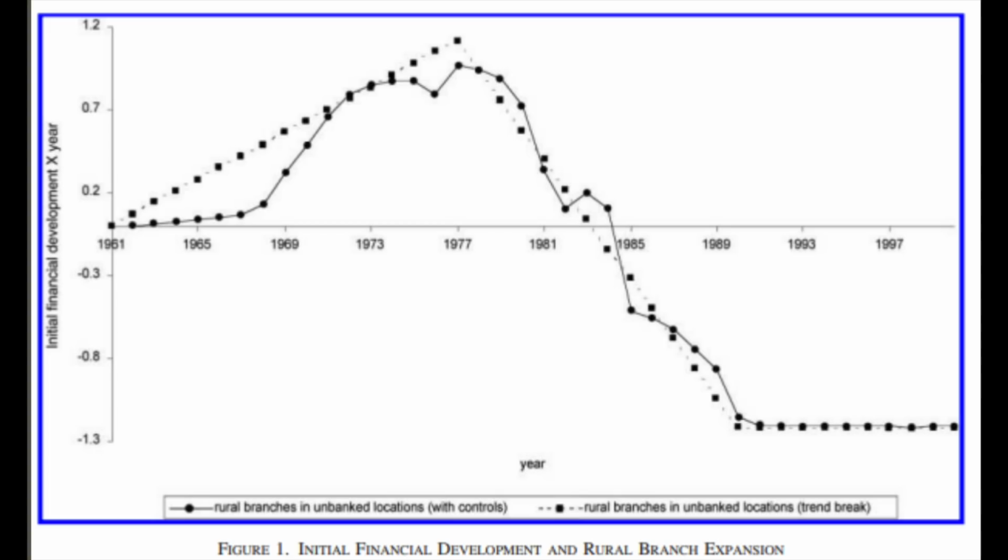Financially less developed states witnessed higher growth of branch openings in rural unbanked locations. After 1990, branch expansion into rural unbanked locations ends, as you can see on the graph here when the line goes horizontal.